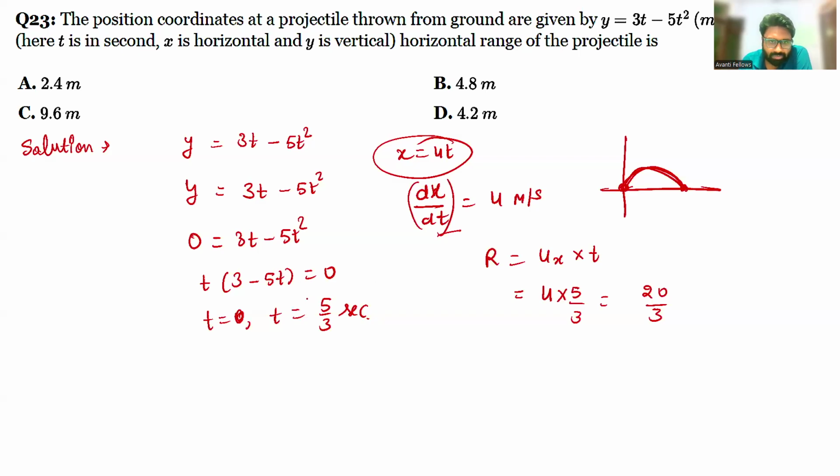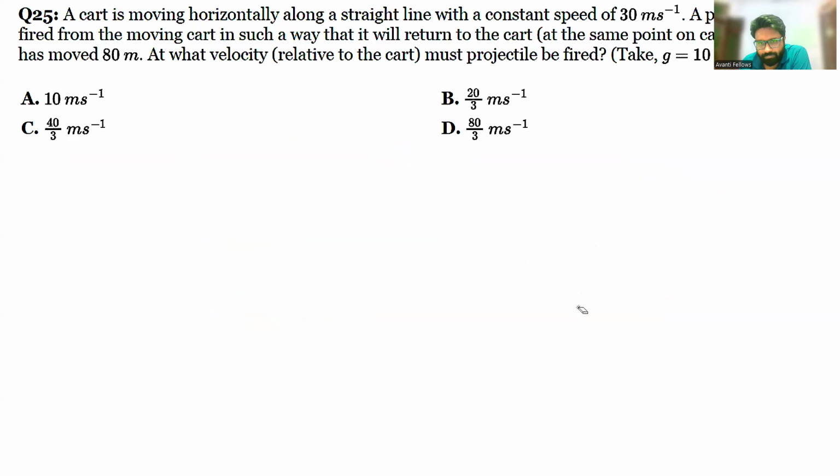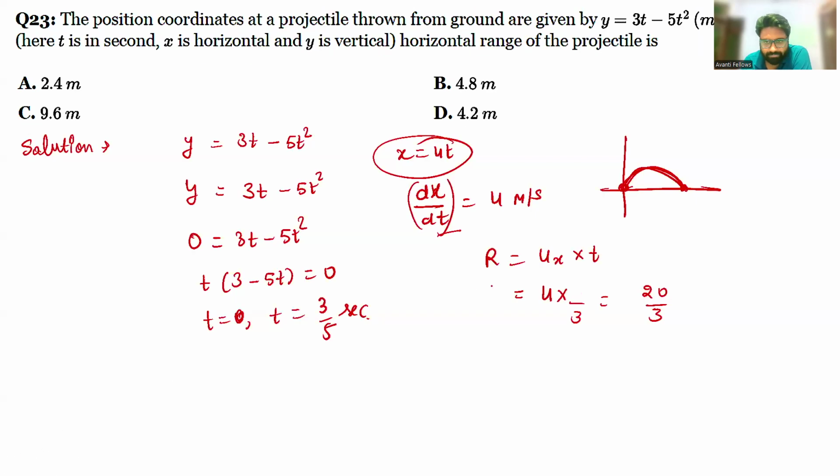Sorry, this is not 5 by 3, this is 3 by 5. Now when you put it here, 3 by 5, so it is coming out to be... just a second, I'll recalculate it again. T is equal to 0.